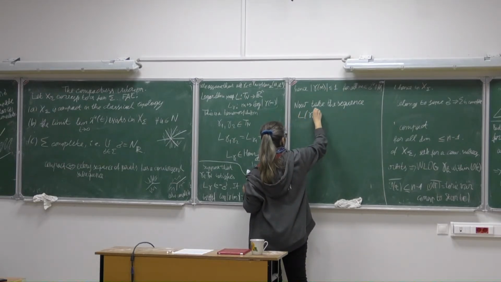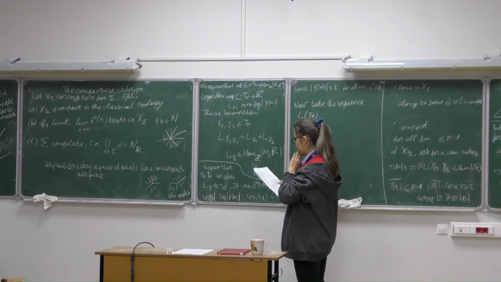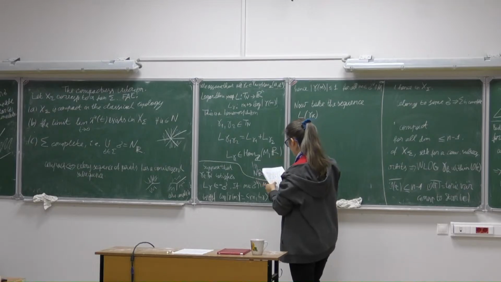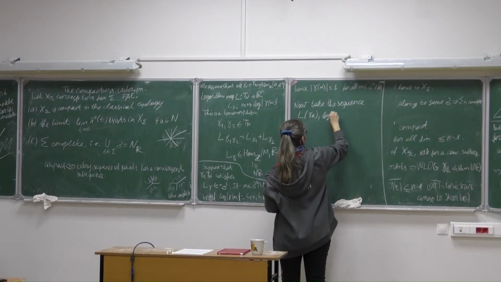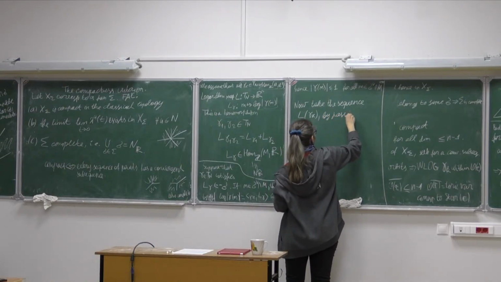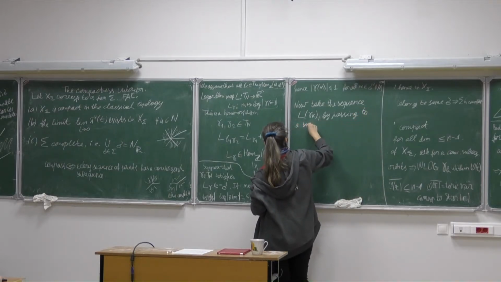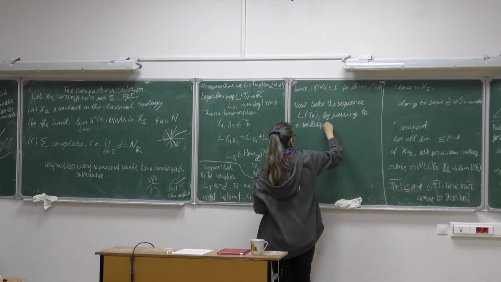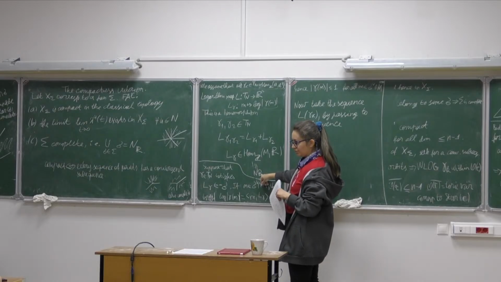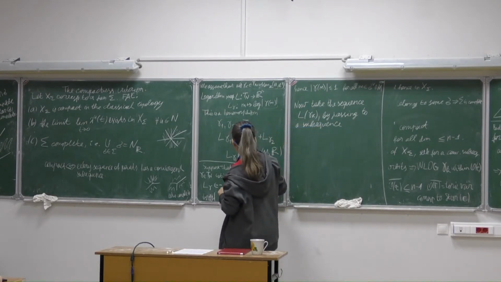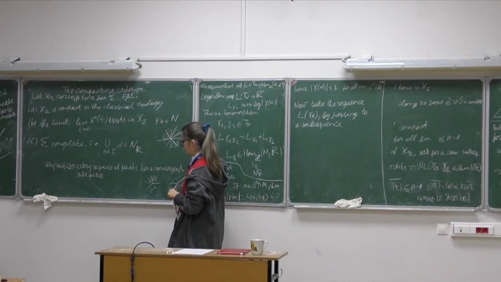By passing to a subsequence, all these points belong to N, and N is split into some cones in this way.